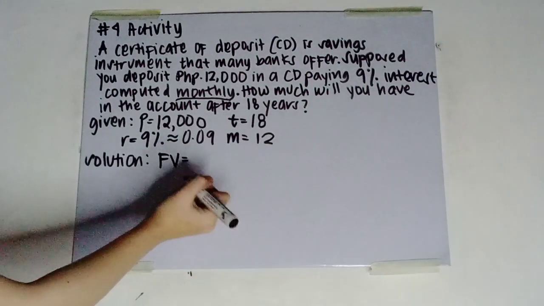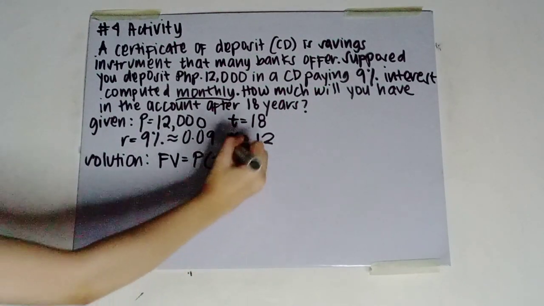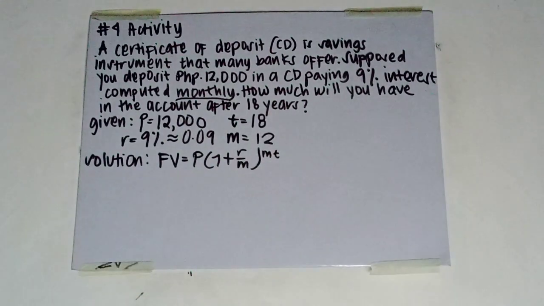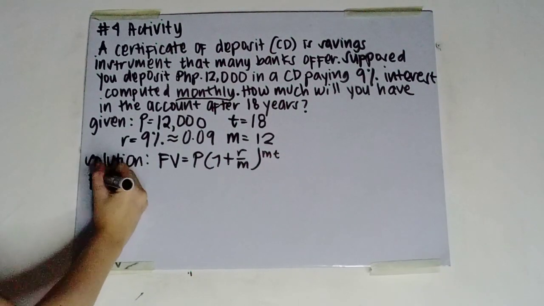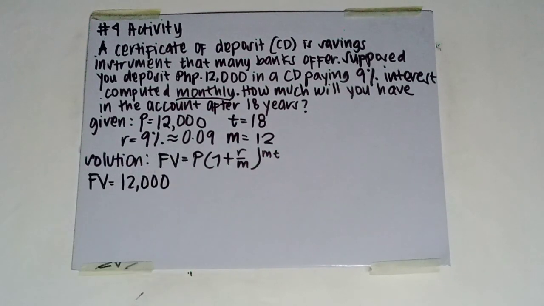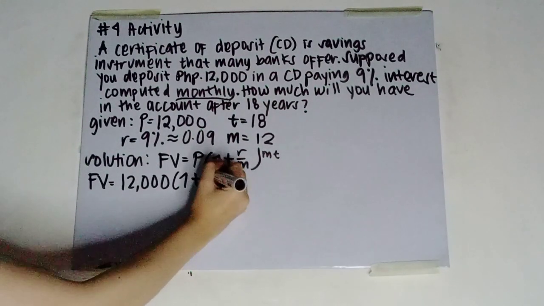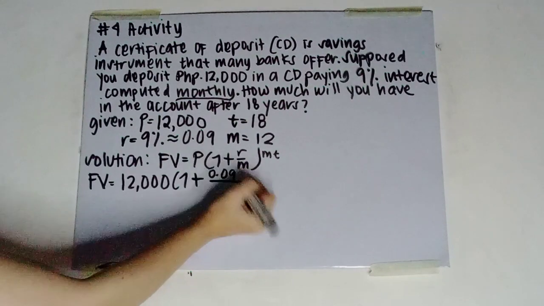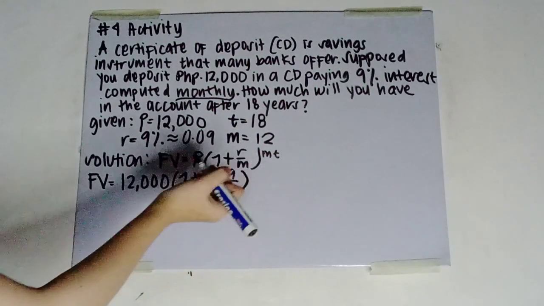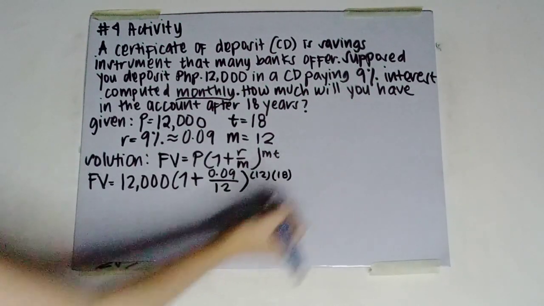Okay, then write the solution. The formula is FV is equal to P times 1 plus R divided by M, raised to MT. So FV is equal to 12,000 pesos times 1 plus 0.09 divided by 12, raised to 12 times 18.